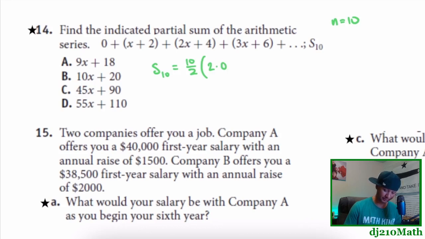It's kind of nice. Plus n minus 1, so 10 minus 1, times the common difference. So in this case, what's the common difference? The common difference is going to be x plus 2, right, because that got added to 0 to get to the second term.